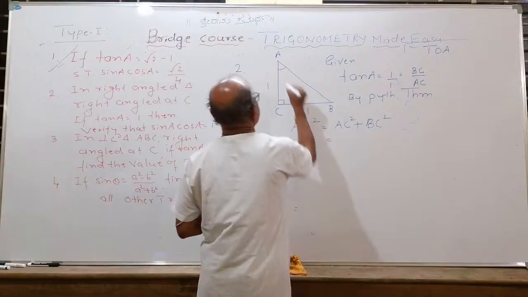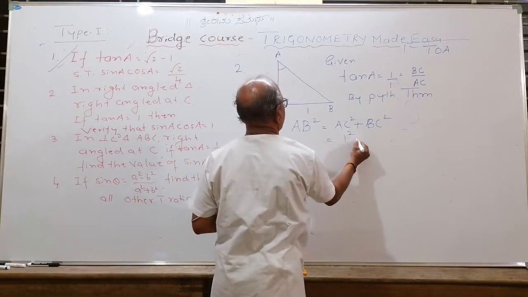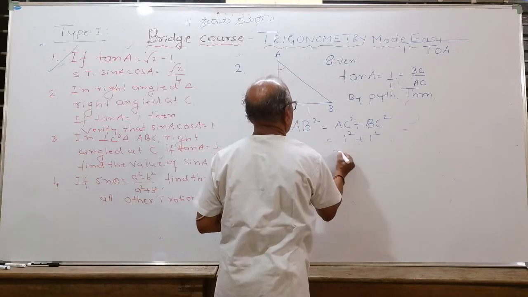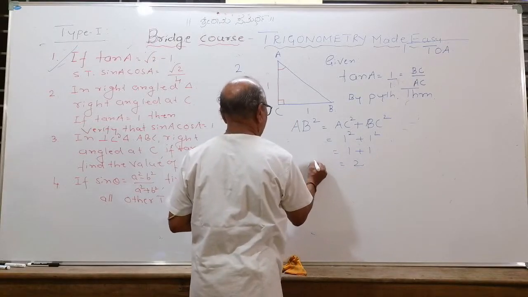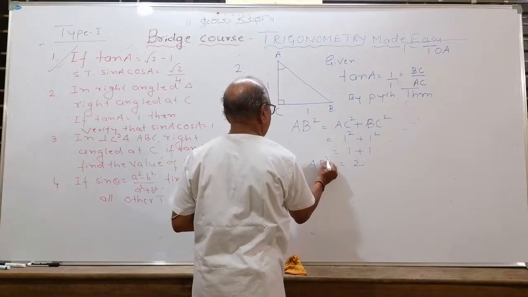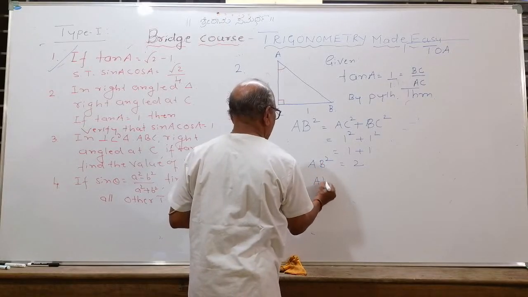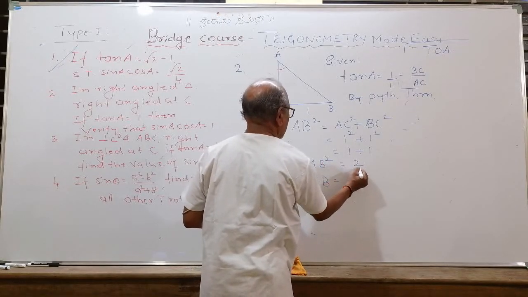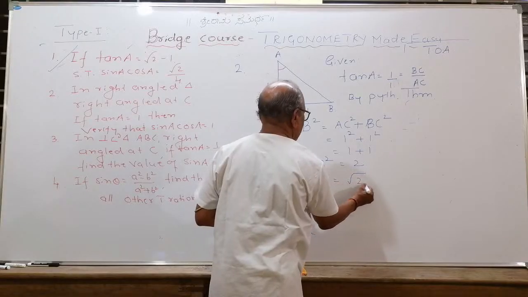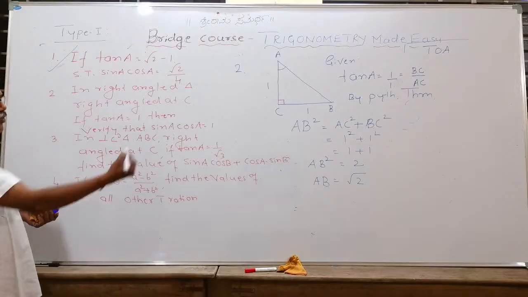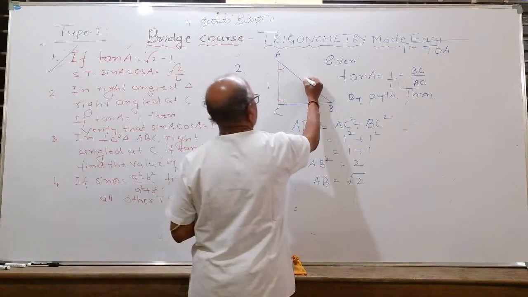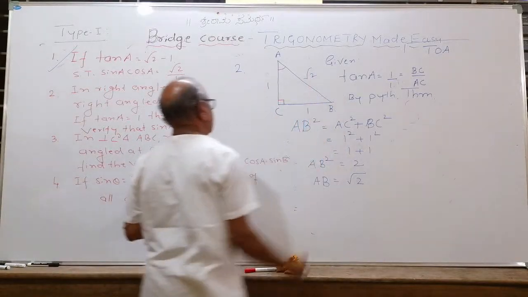Now you write what is AC? AC is 1 square. BC is also 1 square. 1 square becomes 1, plus 1 becomes 2. Therefore, AB square is equal to 2. AB becomes equal to what? Square root of 2 is root 2. Root 2 is not a perfect square. Therefore, put it as root 2 as it is. No problem.